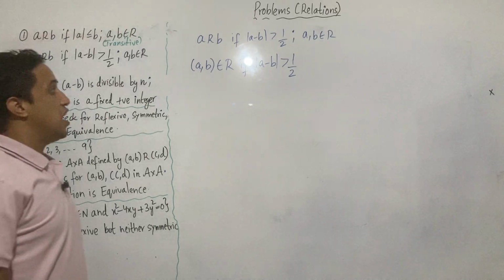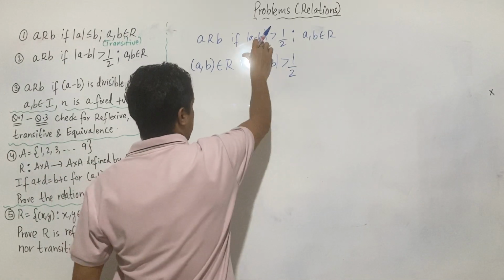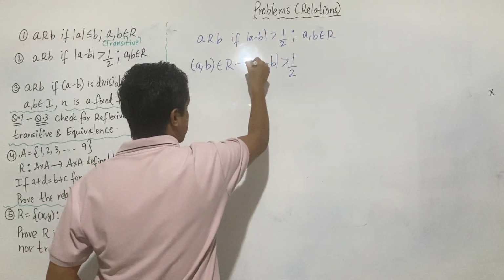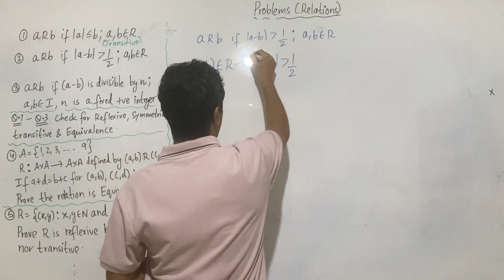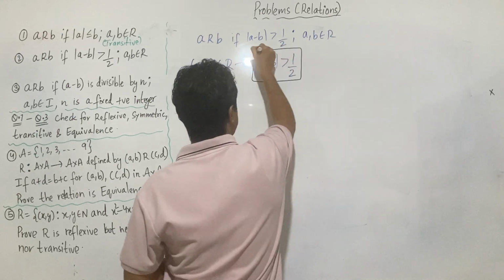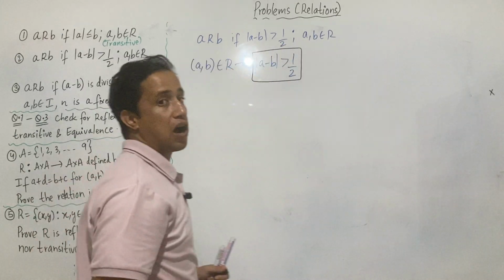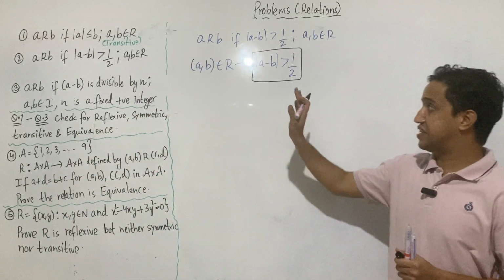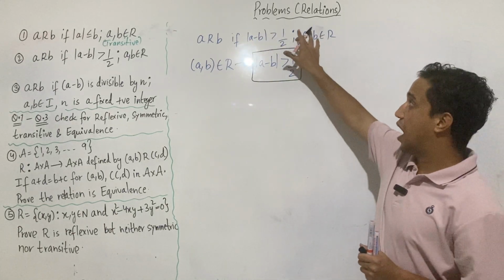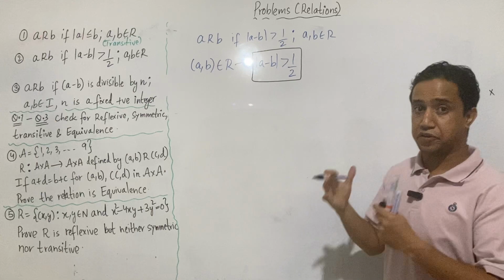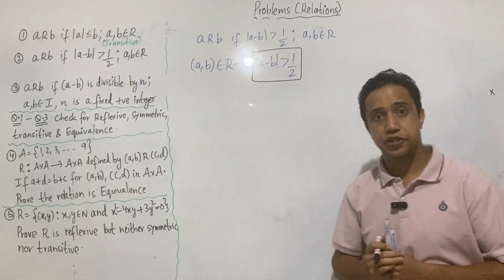This is the main thing. So all A and B that satisfy this are going to be part of this relation. I hope you understand the interpretation of this relation.